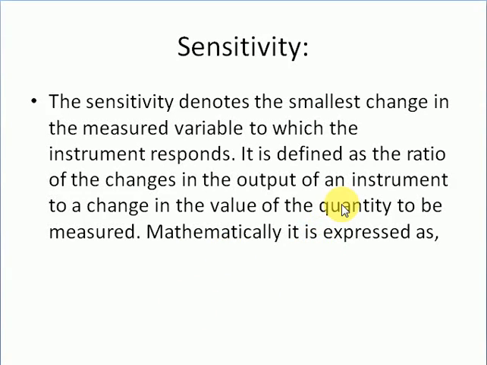So next topic is sensitivity. What is sensitivity? Sensitivity is the ratio of change in output of an instrument to the change in input. Sensitivity denotes the smallest change in the measured variable to which the instrument responds.